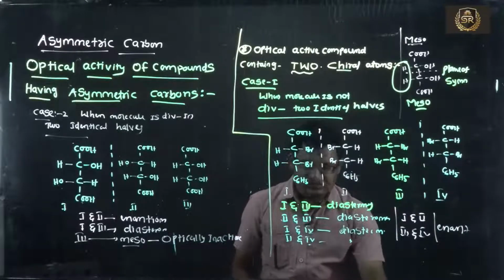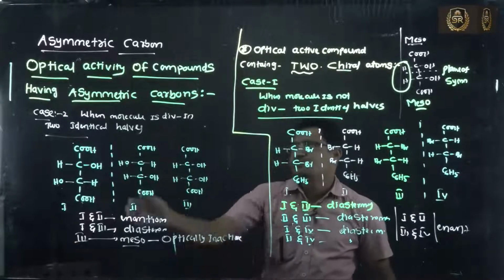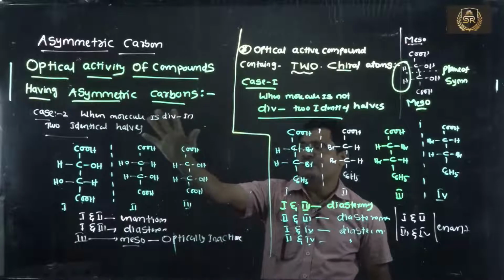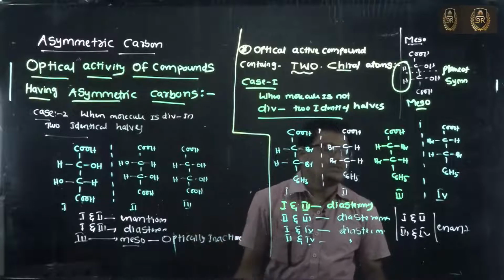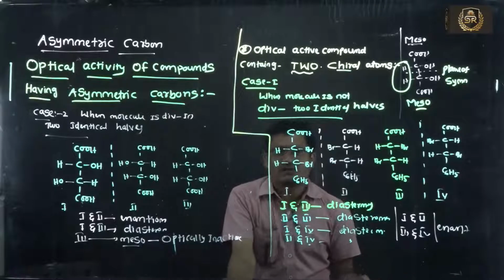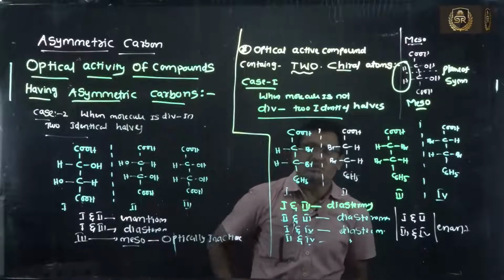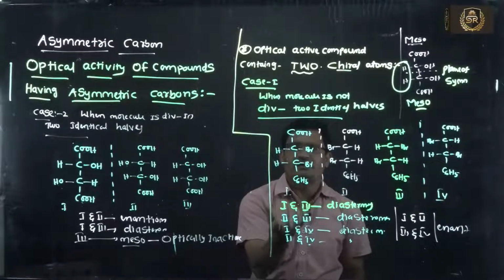So, what is an asymmetric carbon? An optically active compound having an asymmetric carbon cannot be divided into identical halves. What is optically active, what is an enantiomer pair, what is a racemic mixture, what is meso, and it can be divided into identical halves.